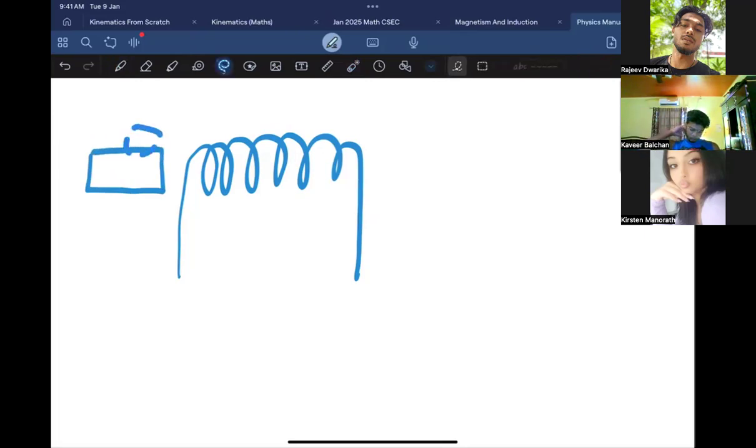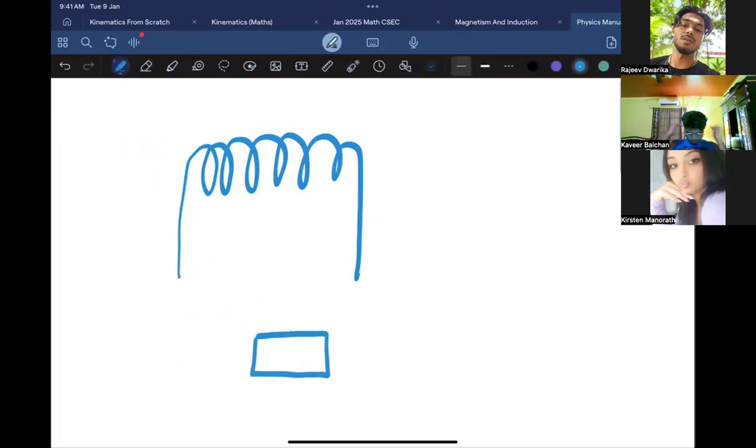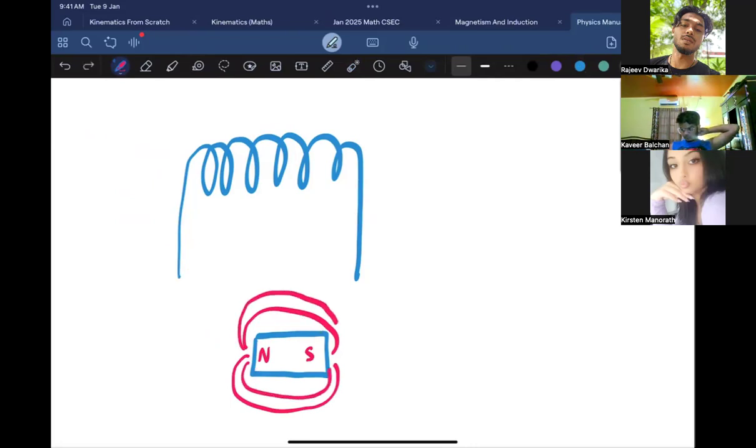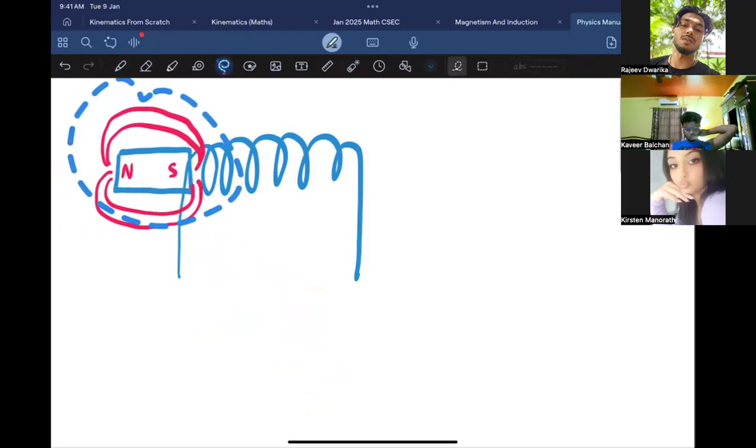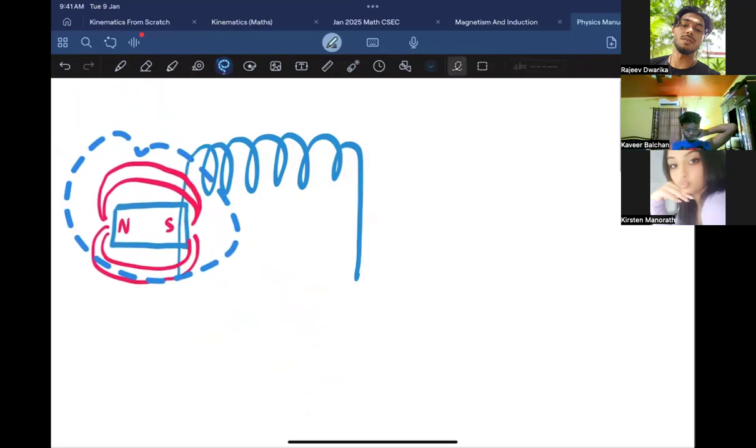Let me just draw the magnetic fields for this. Let me call this north, south. So Kirsten, if I have a magnet over here and I'm not moving it at all, is there a change? Let me look at the definition.